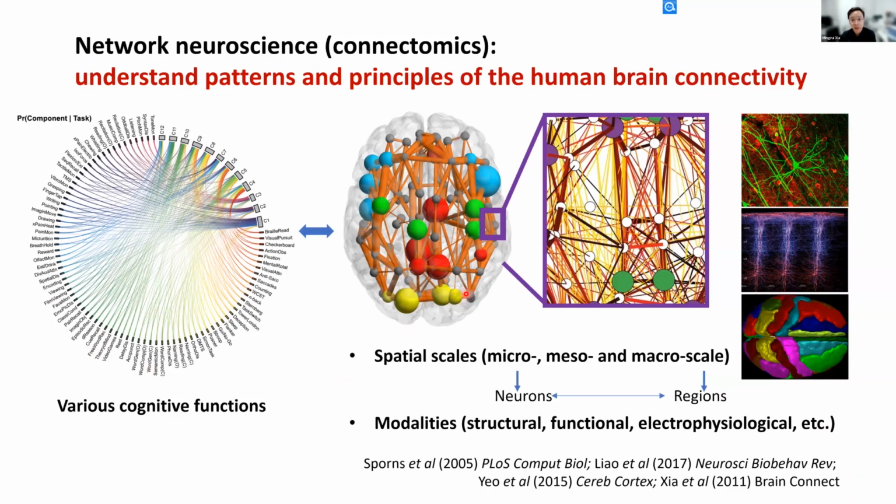Human connectomics provides an important research framework to study the connectivity patterns and organization principles of the human brain. The human connectome or brain networks can be described at different spatial scales, ranging from the microscopic neural level to the macroscopic regional level.